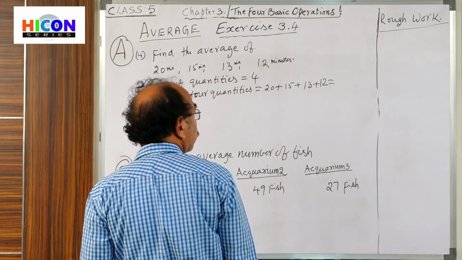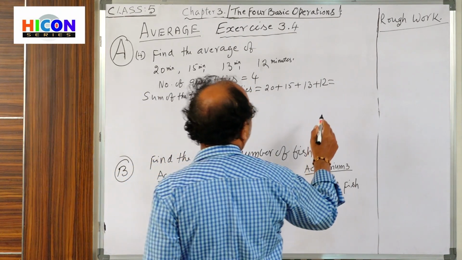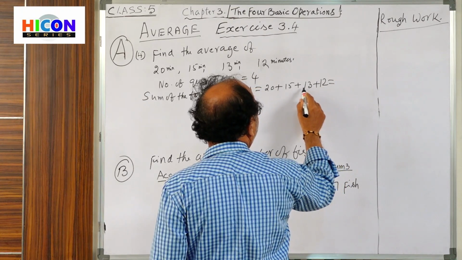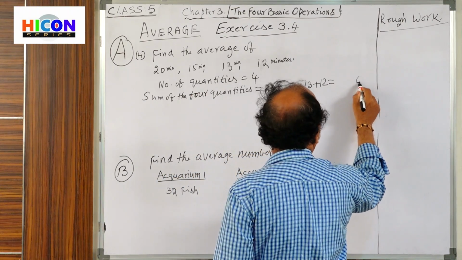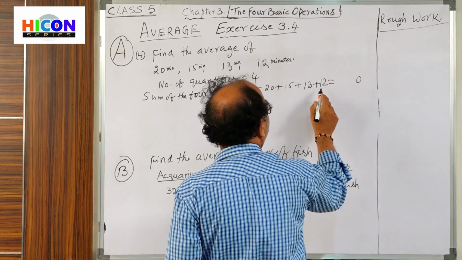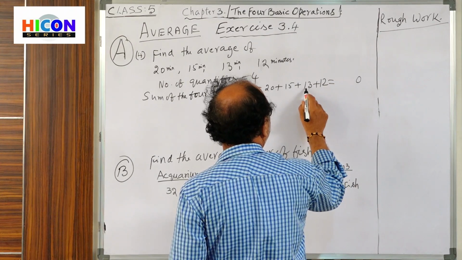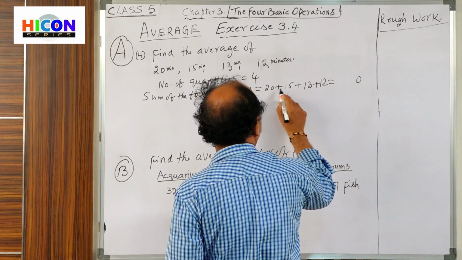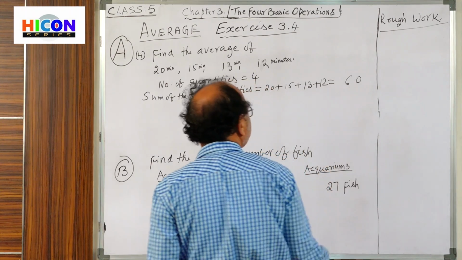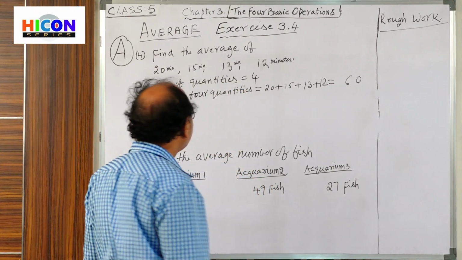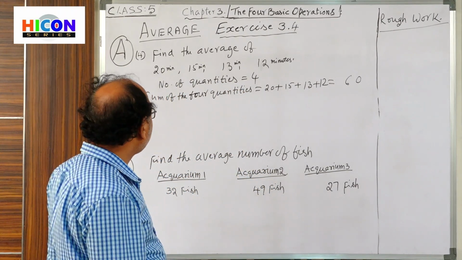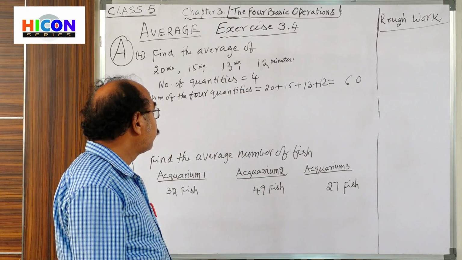Okay. So here 2 plus 3, 5, 5 plus 5, 10, 0, 1 is carried, 1 plus 1, 2, 2 plus 1, 3, 3 plus 1, 4, 4 plus 2, 6, 60. That is the total of the 4 quantities.